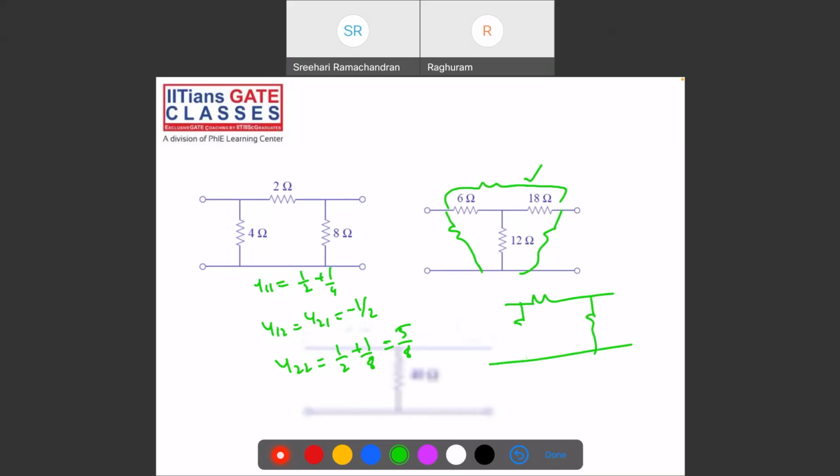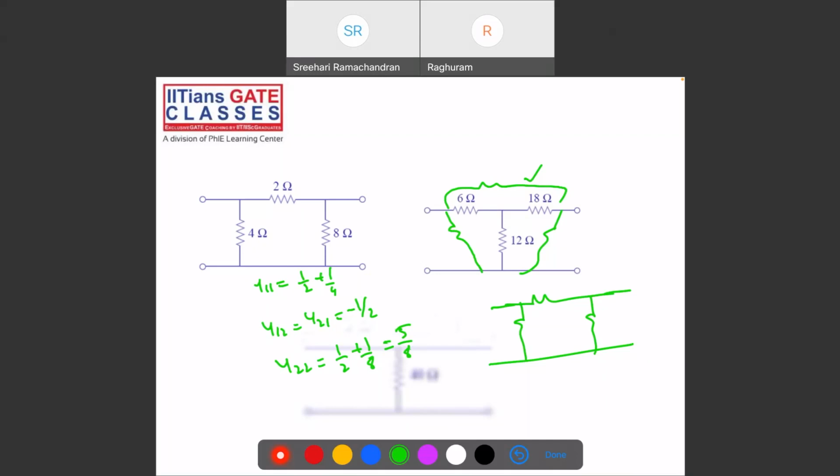Remember duality. Star to delta conversion, or you can find the z parameters directly and invert it. Anyhow, you can do it by any of the methods.